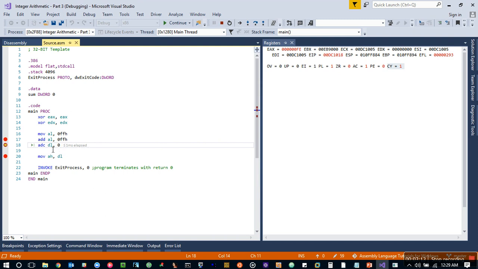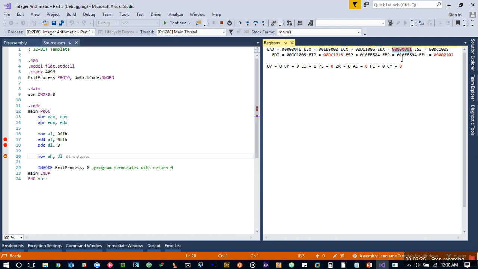So the DL, what is DL? Now we know the registers are EAX, EBX, ECX and EDX. We know that the low byte of EAX is AL, so the low byte of EDX will be DL. So the carry is here and EDX is zeroed out, and we captured that.